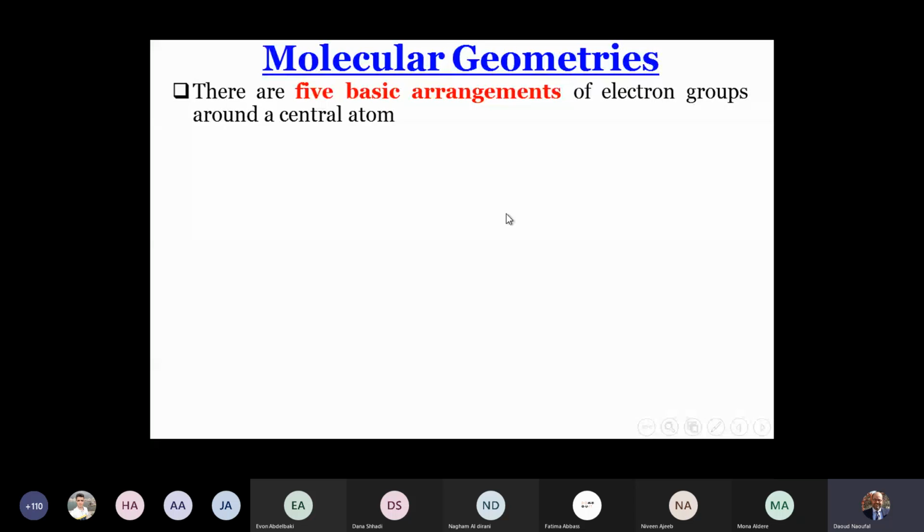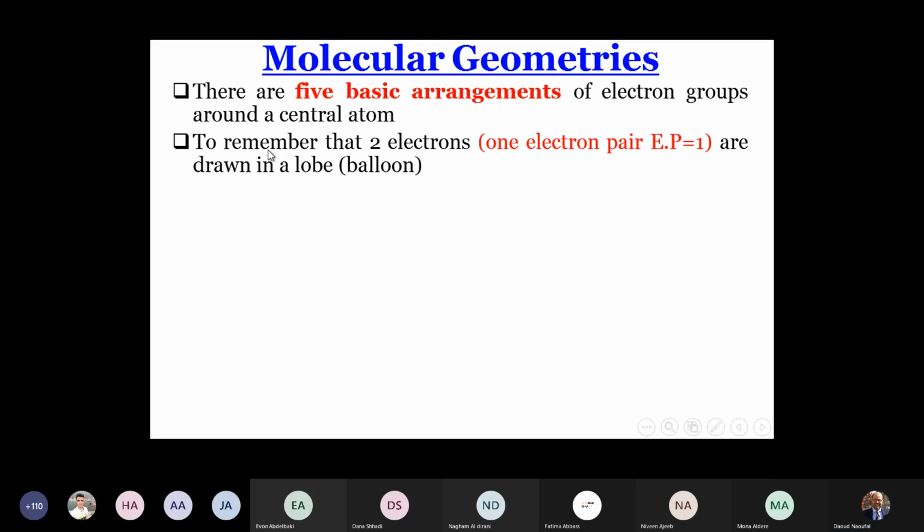We have 5 basic arrangements of electrons around the central atom. To remember, 2 electrons between 2 atoms is 1 electron pair, so EP equals 1, and these 2 electrons are drawn in a lobe or a balloon.